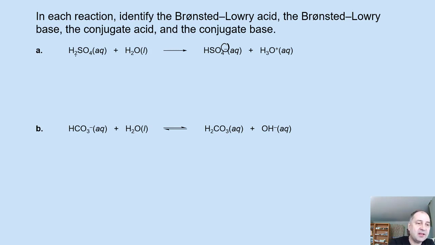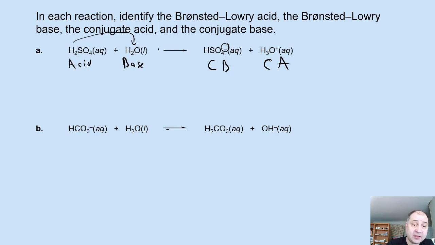So the H plus was transferred here to the water. So in this case, and water can be an acid or a base, right? So in this case, this is the acid here. This is the base. And the acid turns into the conjugate base, and the base turns into the conjugate acid.